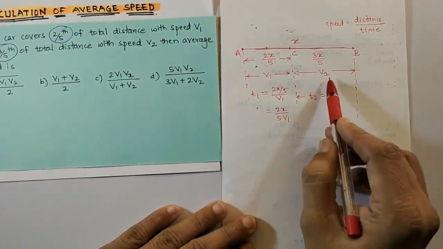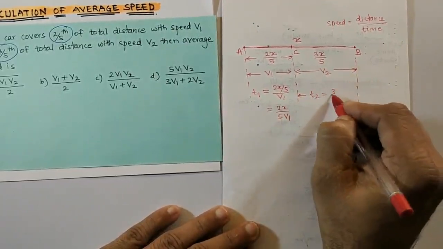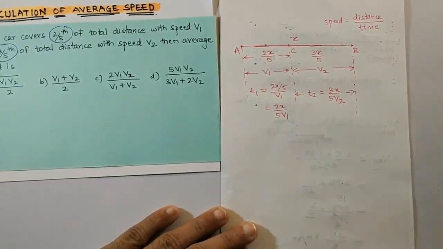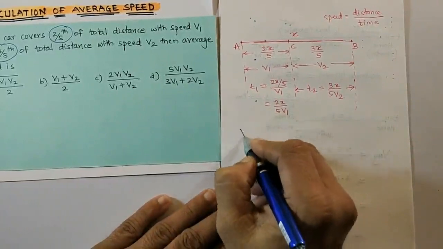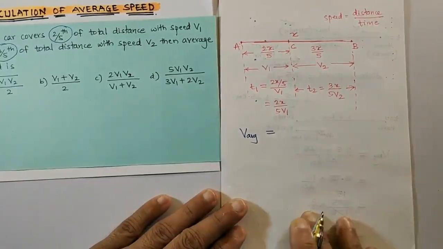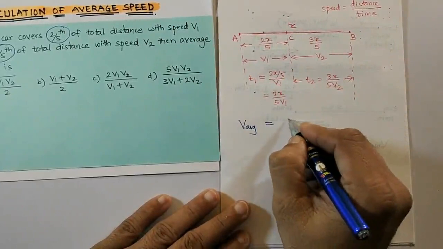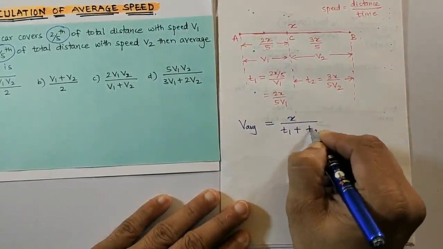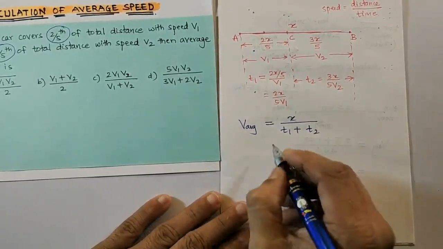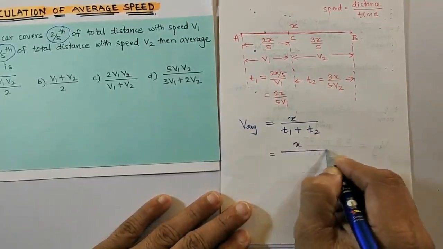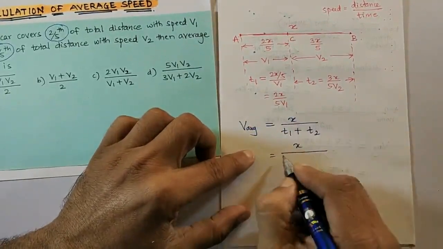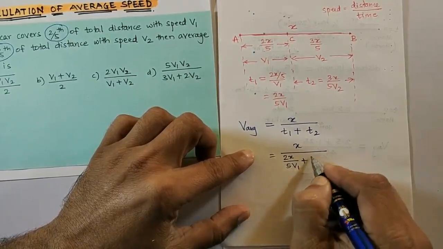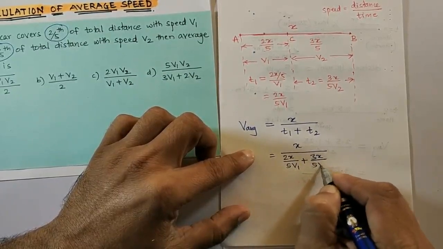Similarly from here to here, time taken, I will take it as t2. So distance by speed, so you'll have 3x by 5v2. Now we will put it in average speed. So average speed will be equal to total distance x, total time is t1 plus t2. Now substitute these values, x divided by 2x divided by 5v1 plus 3x divided by 5v2.